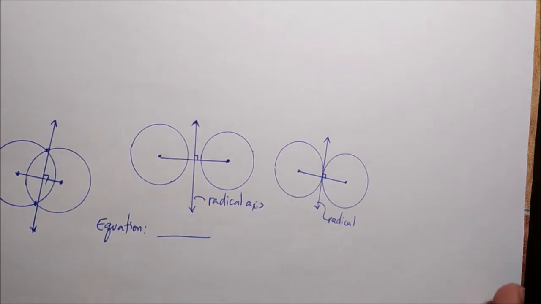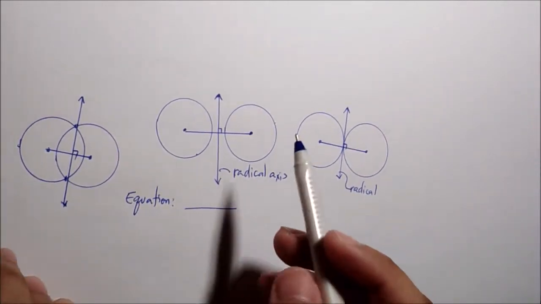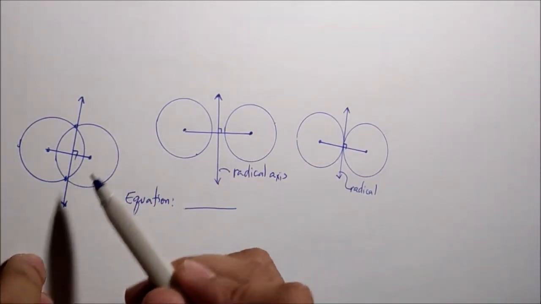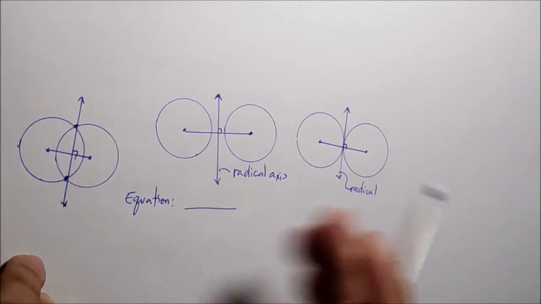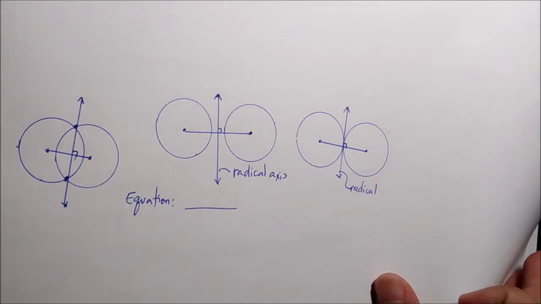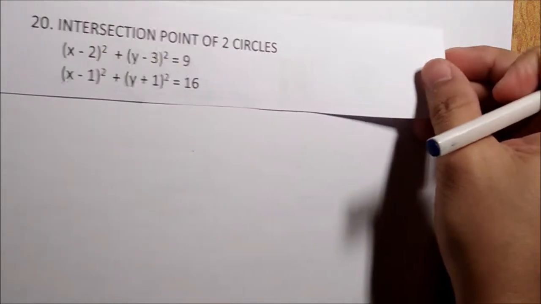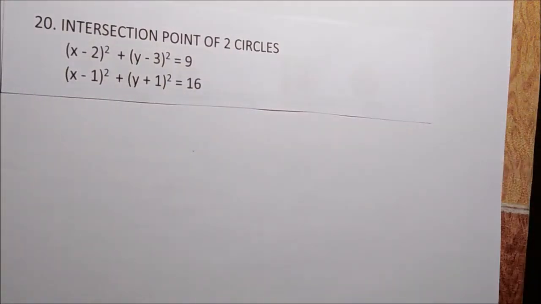first we will discuss the intersection point of two circles. So when two circles intersect, what is the point of intersection? That is topic number 20, intersection point of two circles.